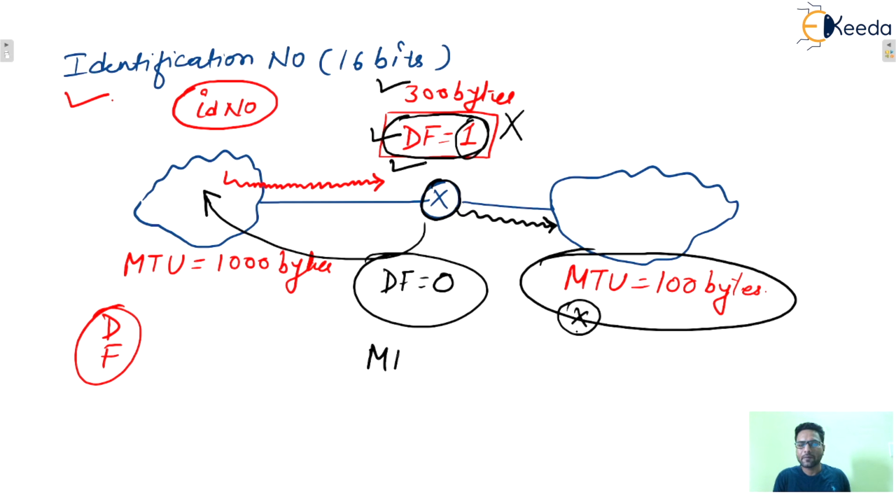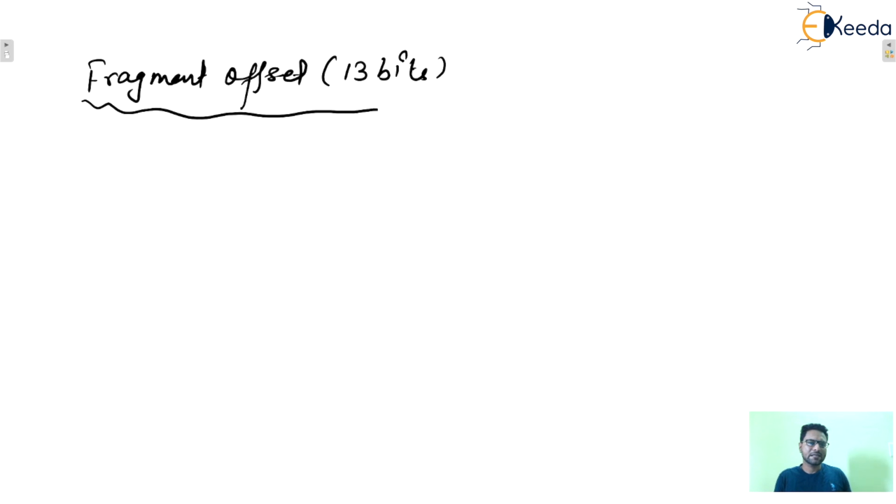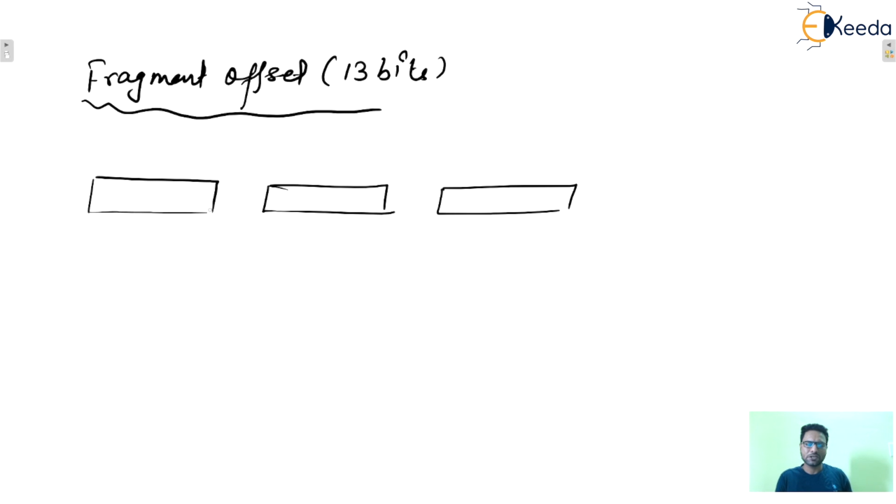Next bit is more fragment. This particular field we'll see in the fragmentation. During fragmentation we'll see the meaning of more fragment. And the last field in this particular row is fragment offset. Fragment offset is 13 bits, guys. What does it indicate? Let's say one datagram was fragmented into 3 fragments at some router because of an MTU restriction.